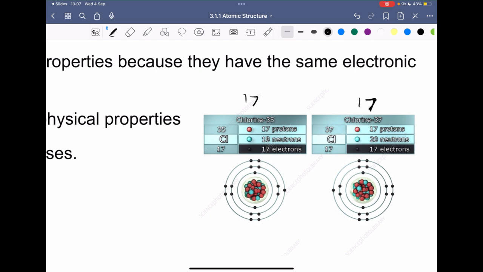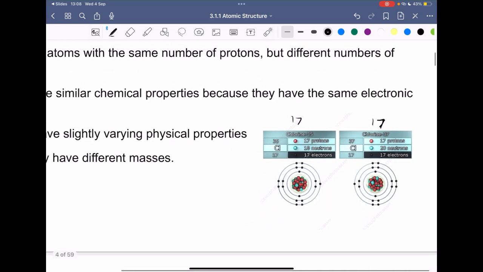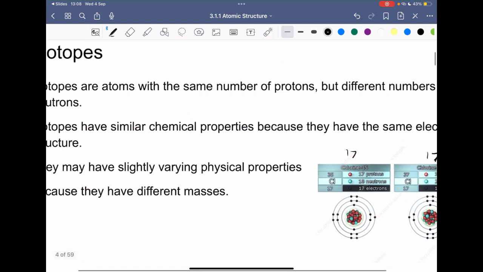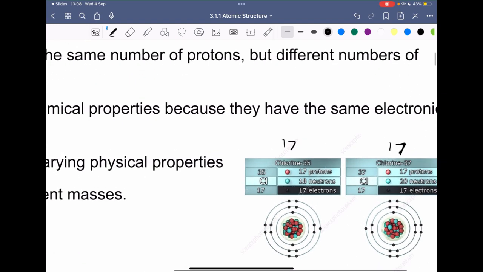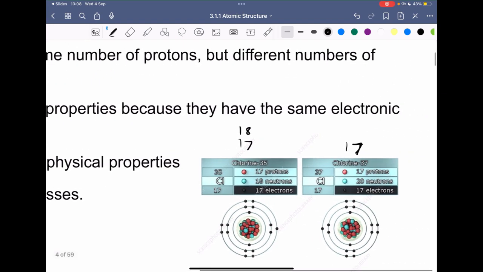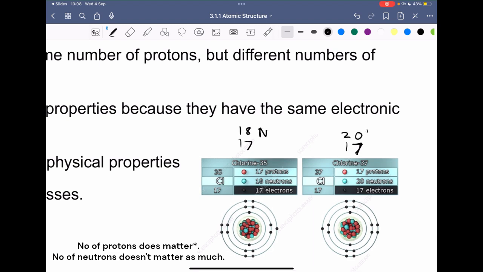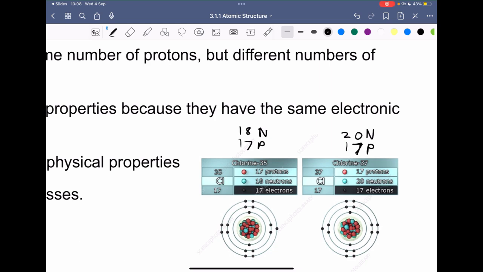If they had a different number of protons, they'd be a different element. But they can still have different numbers of neutrons. So that's a really important key fact. The number of neutrons doesn't matter to decide what element it is. It's just the number of protons.